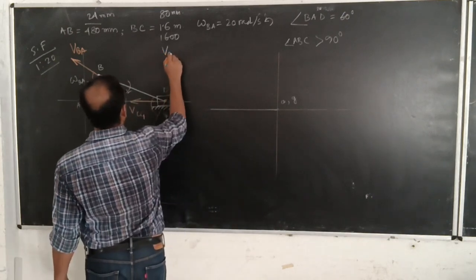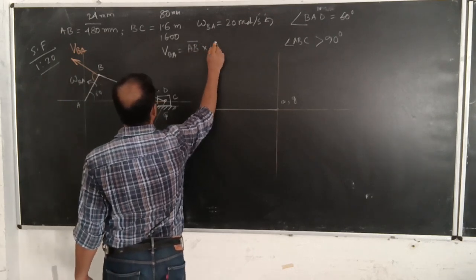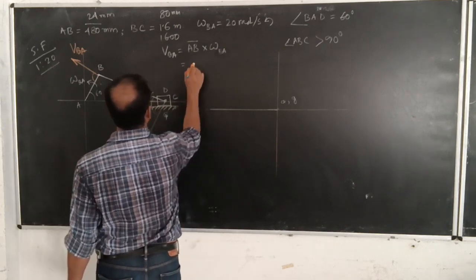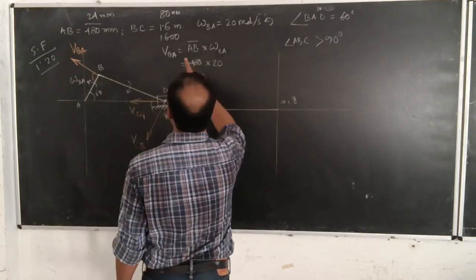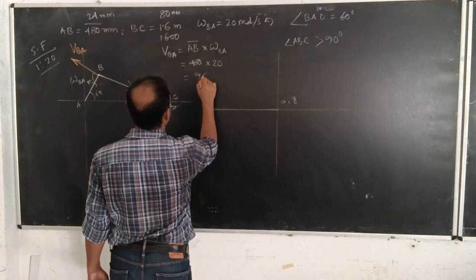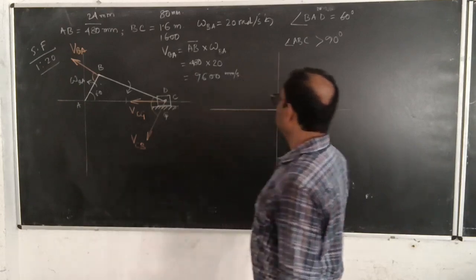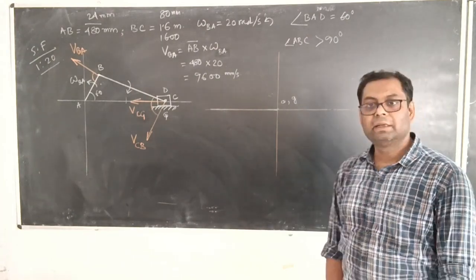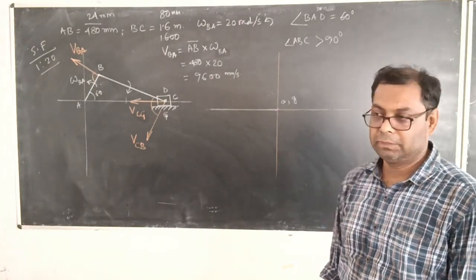So we know that VBA, so you got the value of VBA, which is equal to 9600 millimeter per second, which is nothing but 9.6 meter per second also.